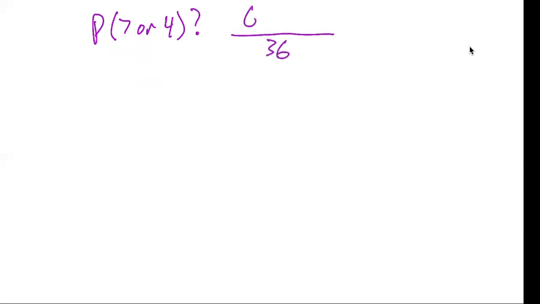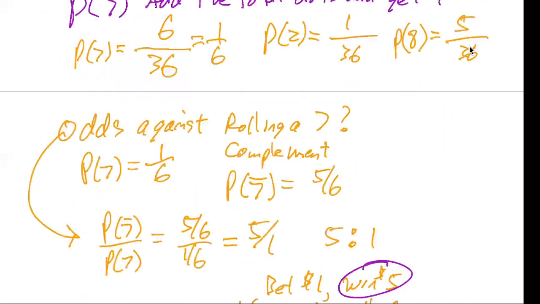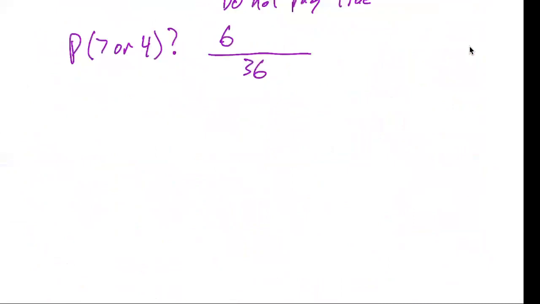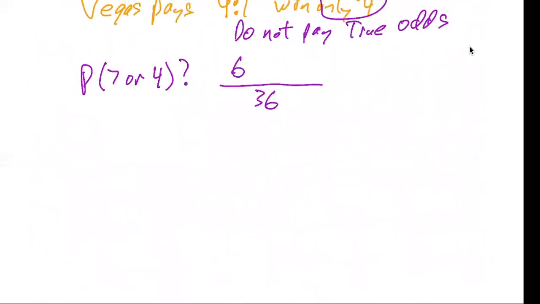I know there was 6 ways to get a 7. I'm going to scroll back up quickly and do ways to get a 4. There's 3 of them. So the total number of ways I can get a 7 or 4 is 9, which is 1/4.